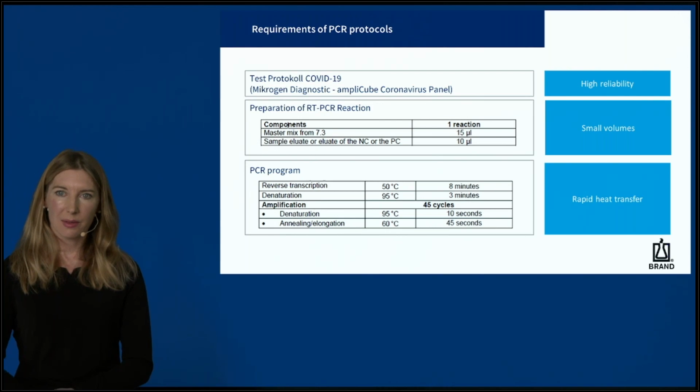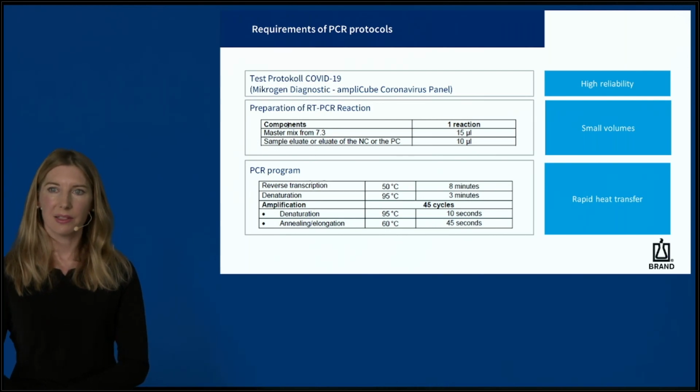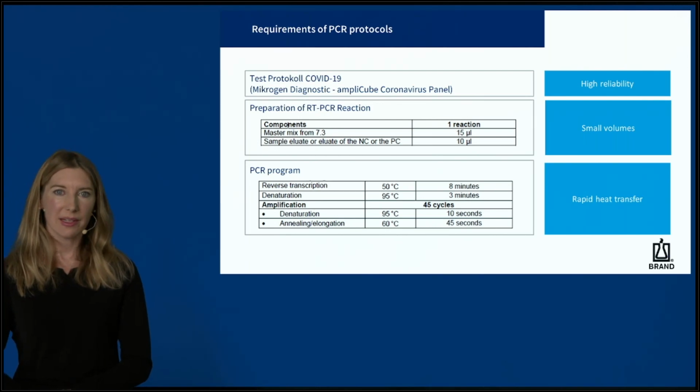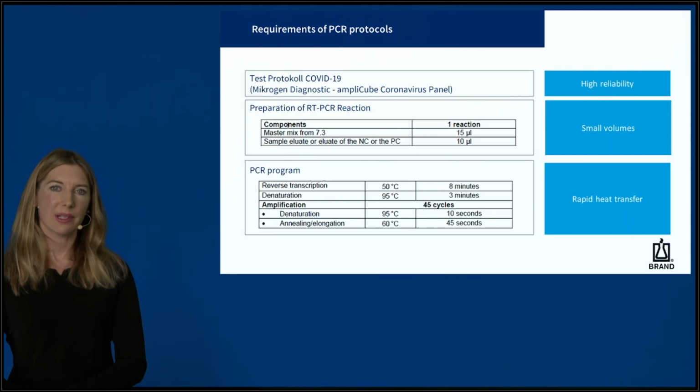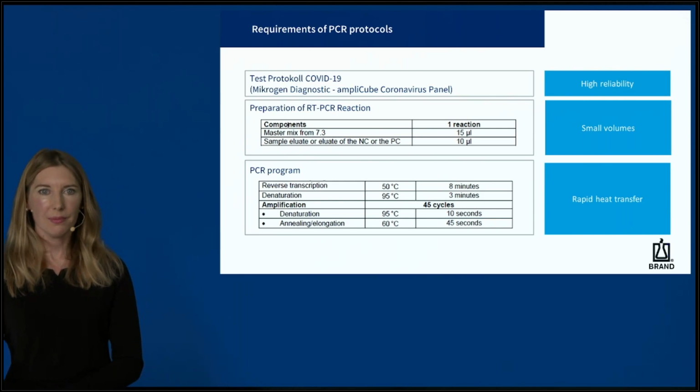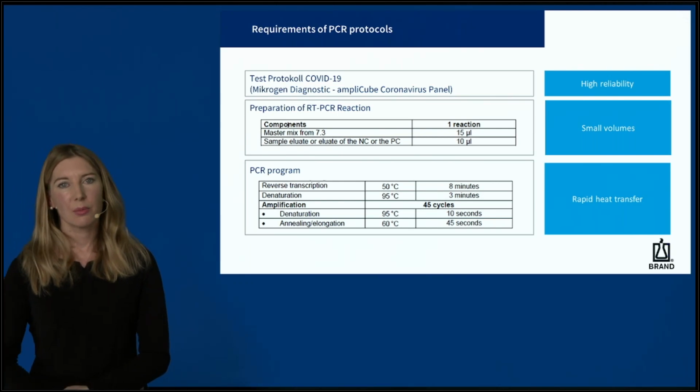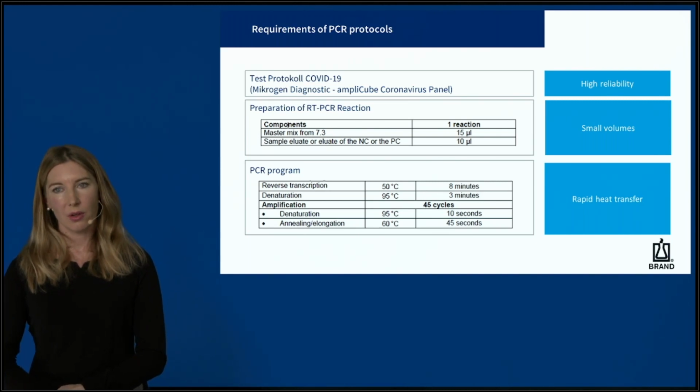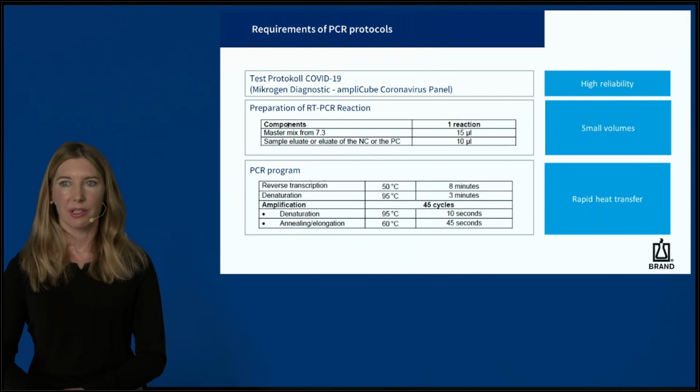Therefore, the test must be reliable and highly sensitive to provide a correct result, even with small sample volumes. In addition, small volumes are essential to be able to work economically and also with little sample material.